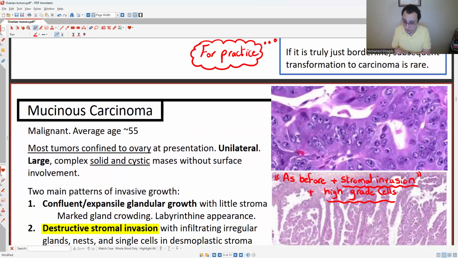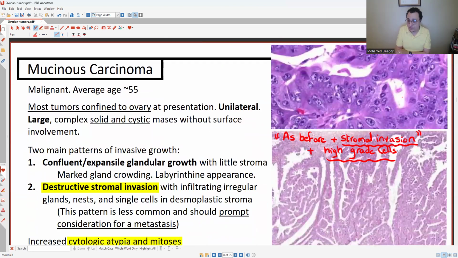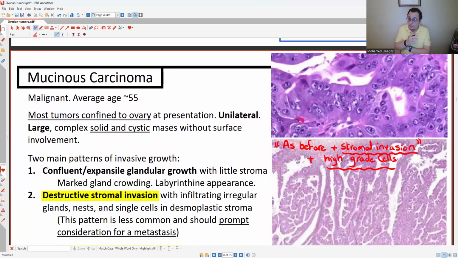The problem here is that sometimes when the mucinous epithelial cells become high grade, they lose their mucin, or the mucin gets very depleted in the cell because the cell is becoming nearly entirely occupied by an enlarged nucleus with prominent nucleoli.